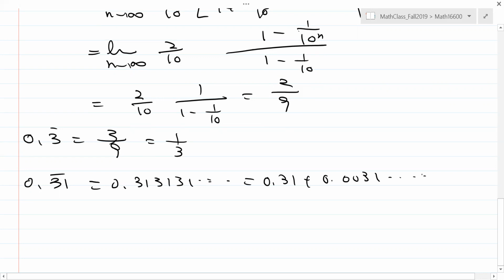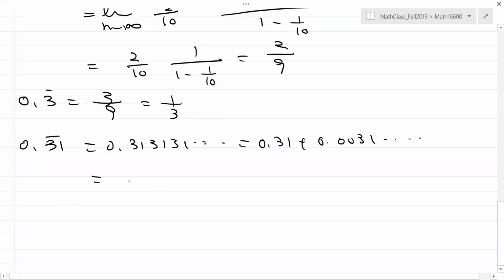It's a series. The first term will be 31 over 10 squared. The next one is 31 over 10 to the fourth power, then 31 over 10 to the 6, and so on.